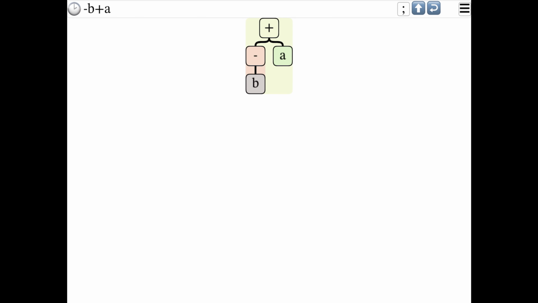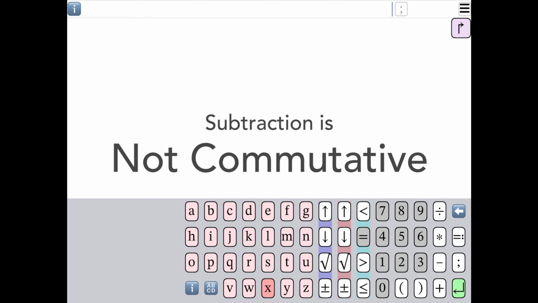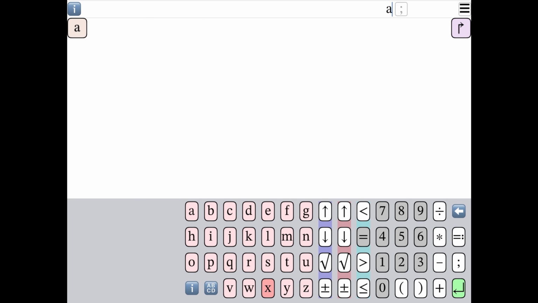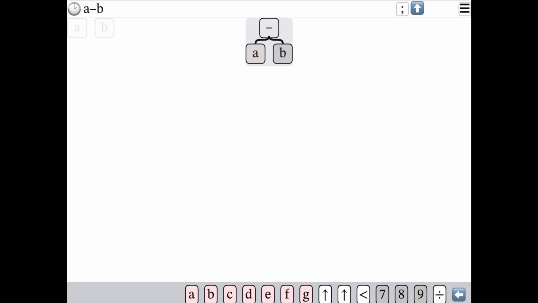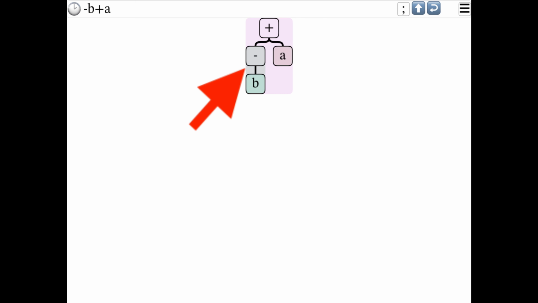This transformation is often useful. So subtraction is not commutative, but it is commutable if you remember the other changes that must go along with it.